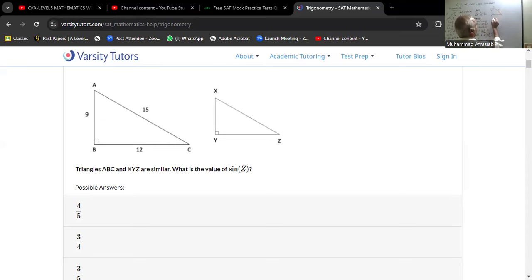It is similar to triangle XYZ, and we are going to find the value of sine of Z.